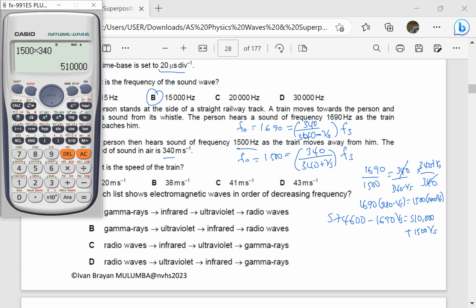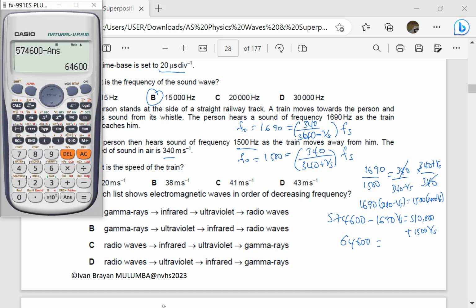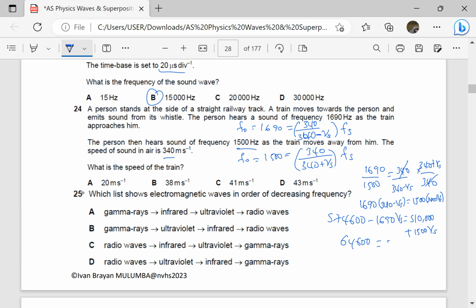So I'm collecting like terms. So I'll say 574,600 minus the answer. So that is 64600 on one side equals to, I take this one to the other side, the other side I have 1500 plus 1690, which is going to be 3190 times Vs.